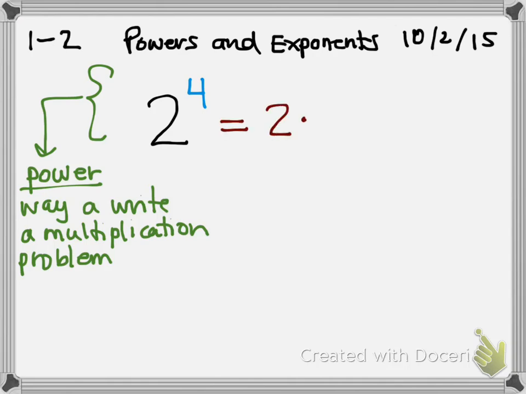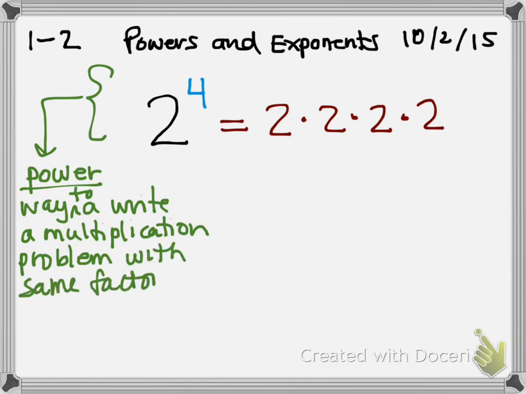So this is a very specific multiplication problem that has the same number being multiplied by itself. I stop after I have 4 of them because that's what the exponent tells me to stop at. Okay? So a power is a way to write a multiplication problem with the same factor being multiplied by itself.